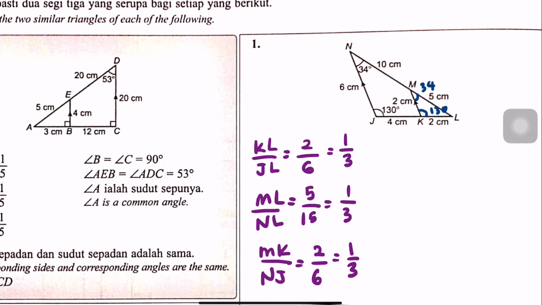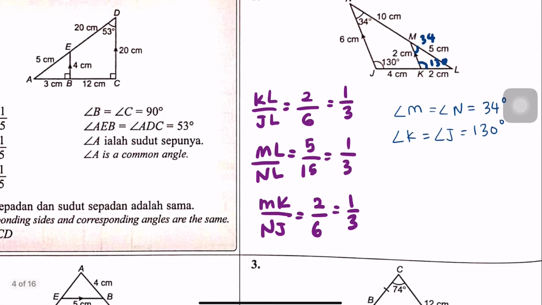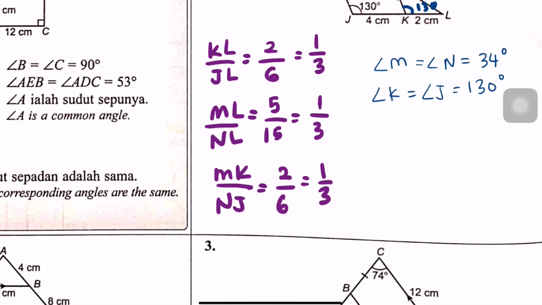Angle M is equal to angle N, which equals 34 degrees. Next, angle K is equal to angle J, which equals 130 degrees. Let's write the conclusion.